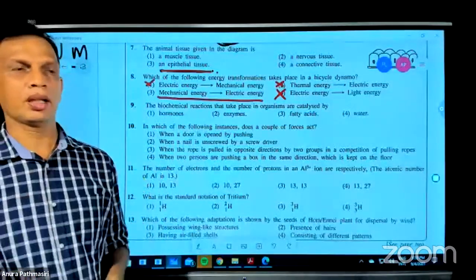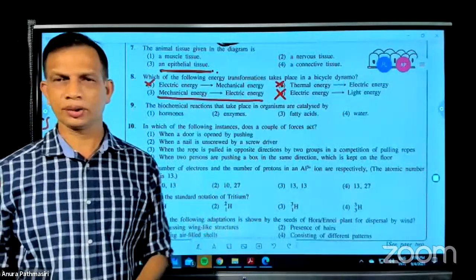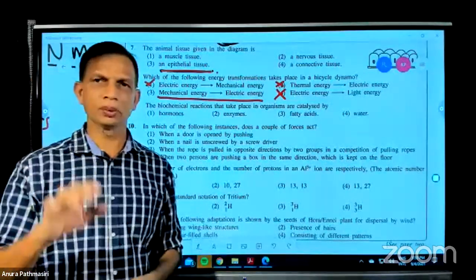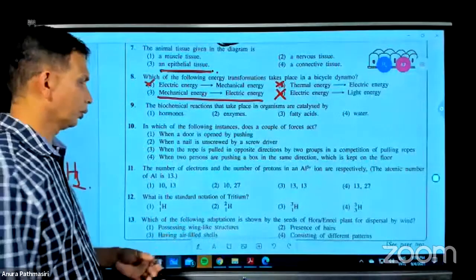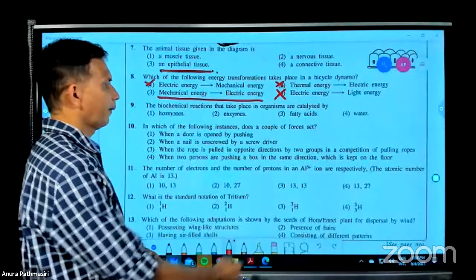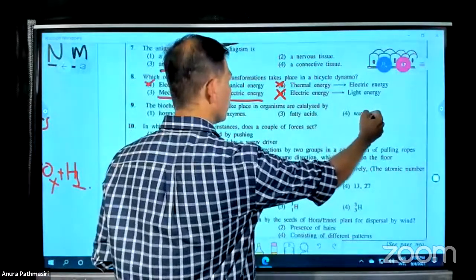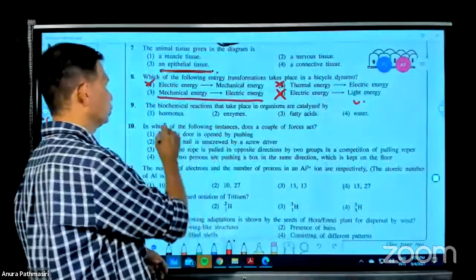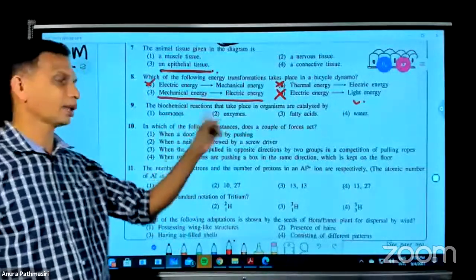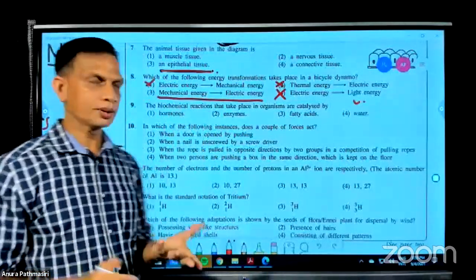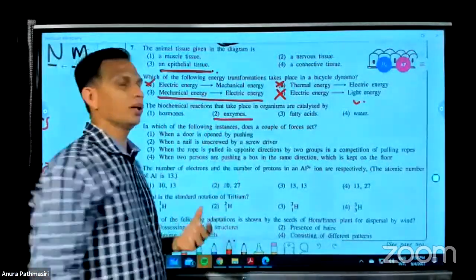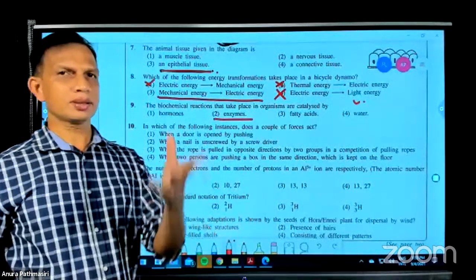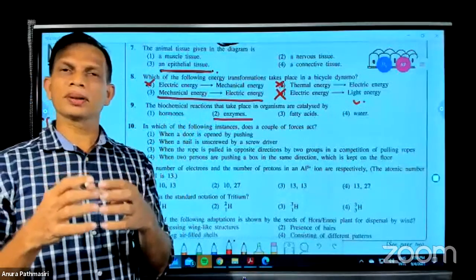It supports the biochemical reactions, it is a supportive medium for biochemical reactions, but it is not the answer. Fatty acids, of course, no. The doubt is between hormone and enzyme. Both are proteins, but the enzyme is the natural catalyst that supports the chemical reaction.